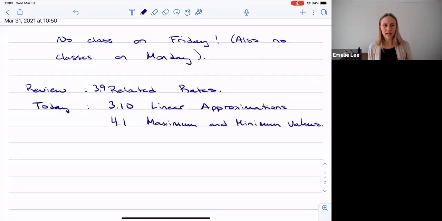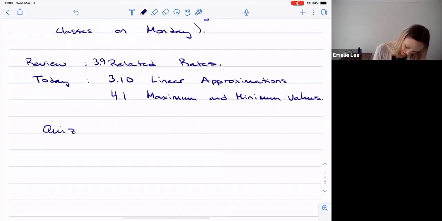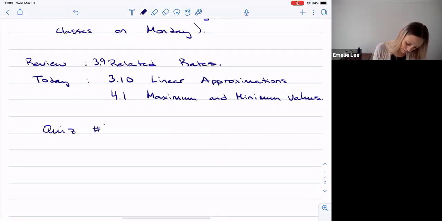Initially I didn't have 4.1 on the quiz, but then I remembered we don't have class on Friday, so I am going to readjust the quiz and include 4.1. So quiz number 7 is going to be on 3.9, 3.10, and 4.1.